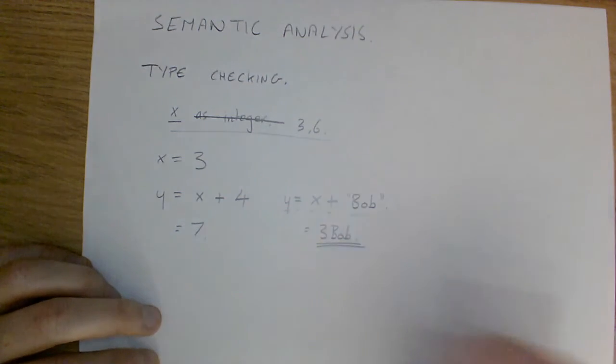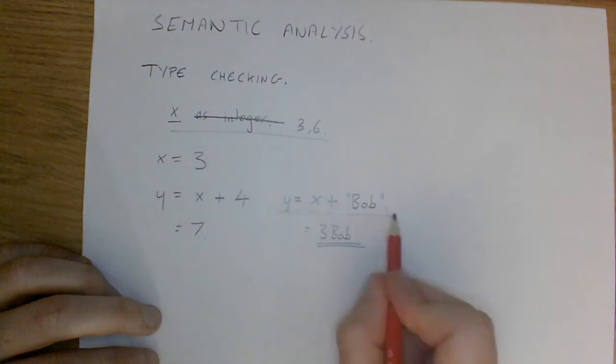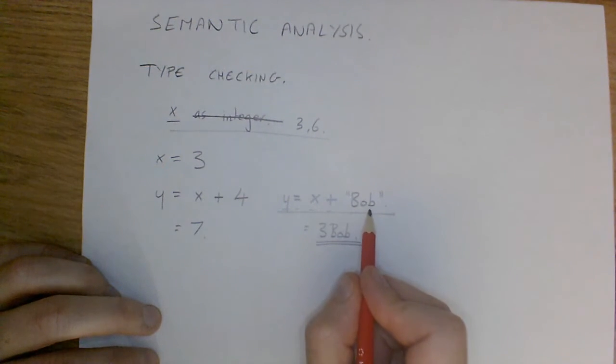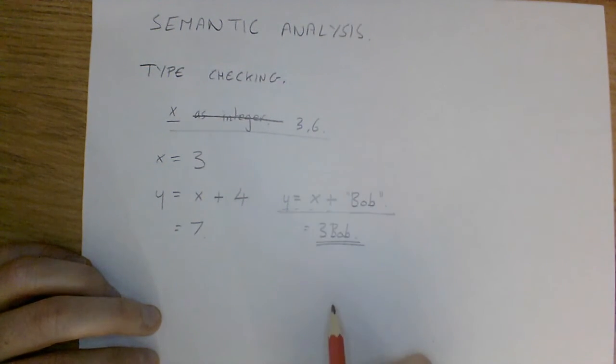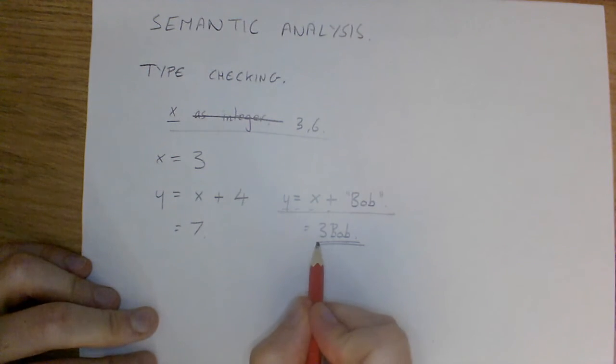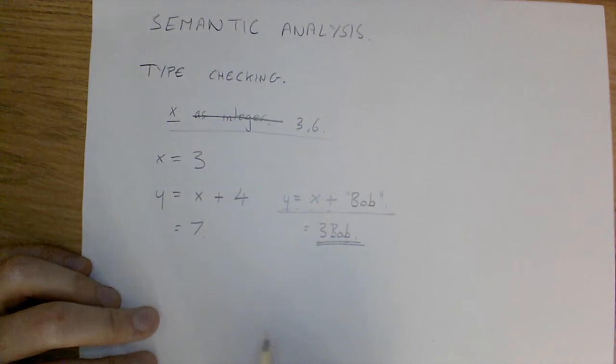So what we say is, if we encounter this kind of error in our program, where you try to add a word, a string, to an integer, we say, whoa, hold on there, that is actually a semantic error. It's a logical error. I can't do this because it's impossible as a logical thinking machine to add a word to a number and get a meaningful answer.